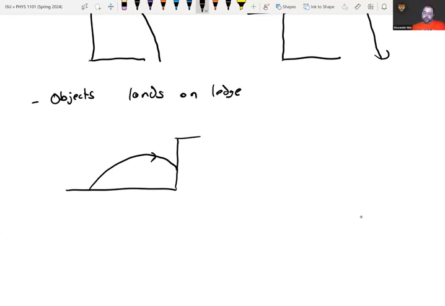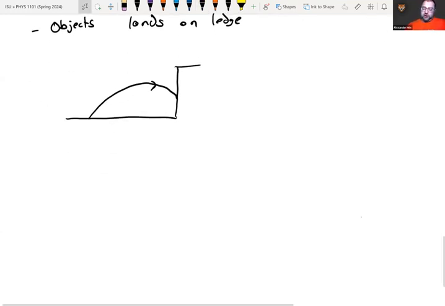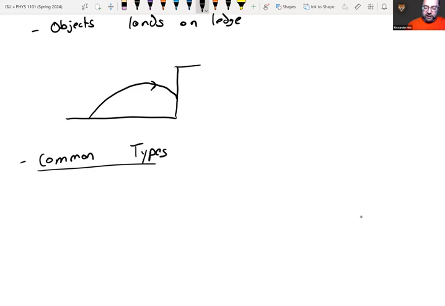Okay. Now, there are some common types, and this is mostly for launched at an angle on horizontal ground.